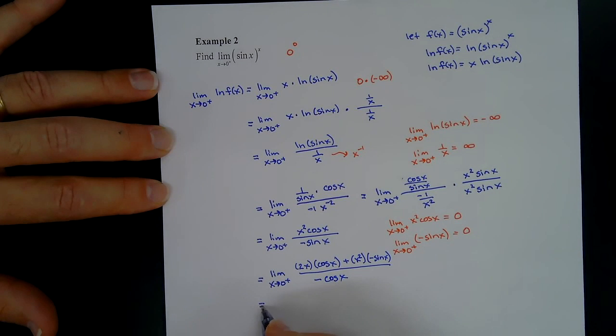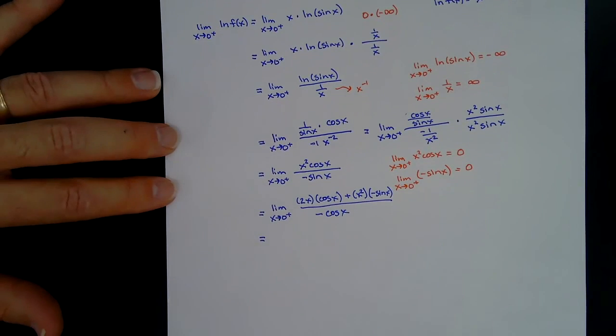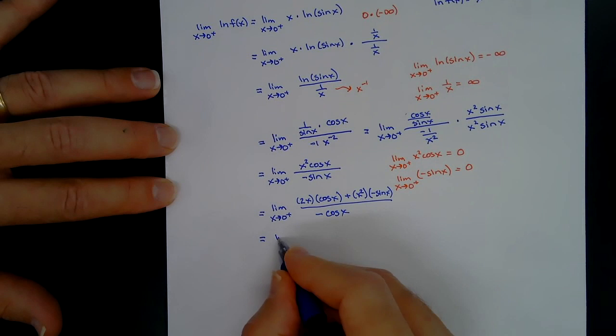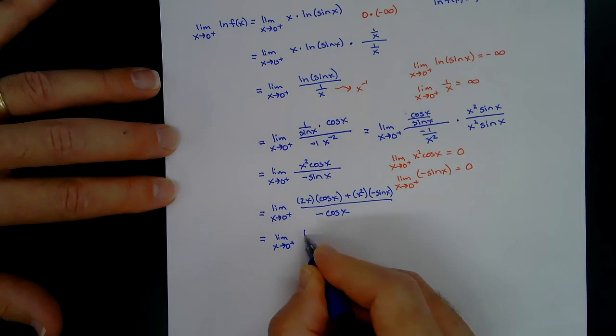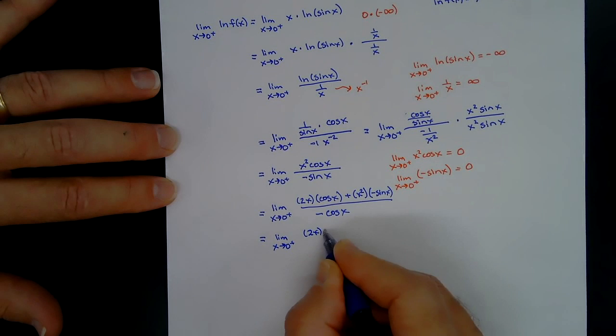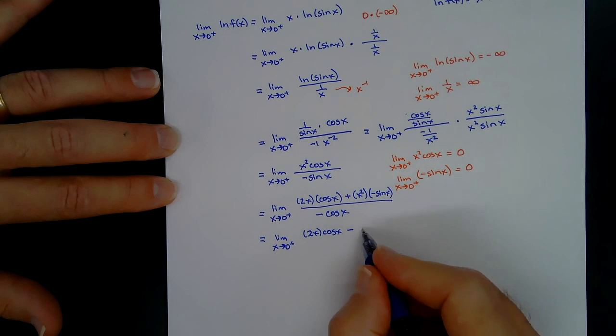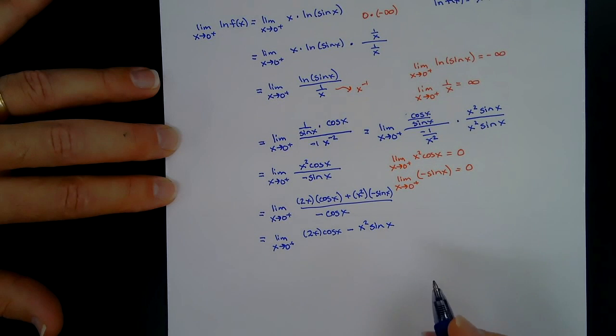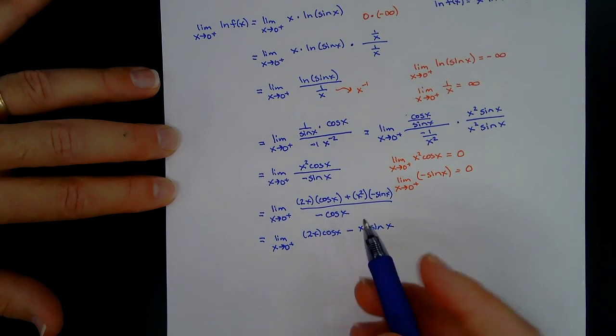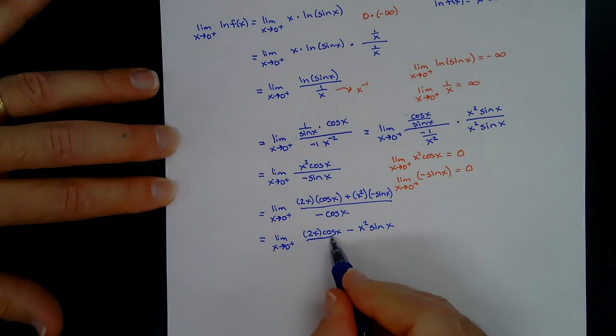Let me slide it up a little bit. This is equivalent to the limit as x approaches 0 from the right of 2x cosine of x minus, because when you multiply those, you get minus x squared sine of x. I wish I hadn't put parentheses around there, but I did. Over negative cosine x.